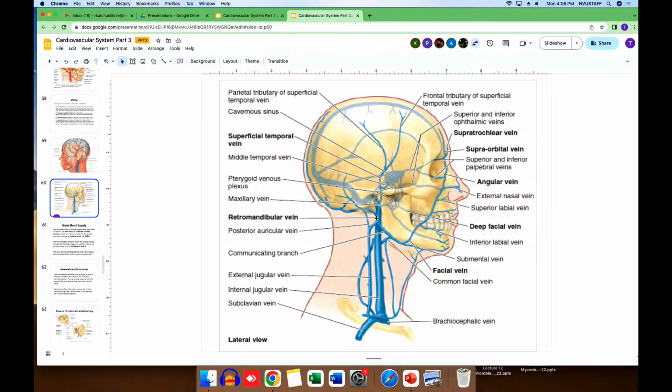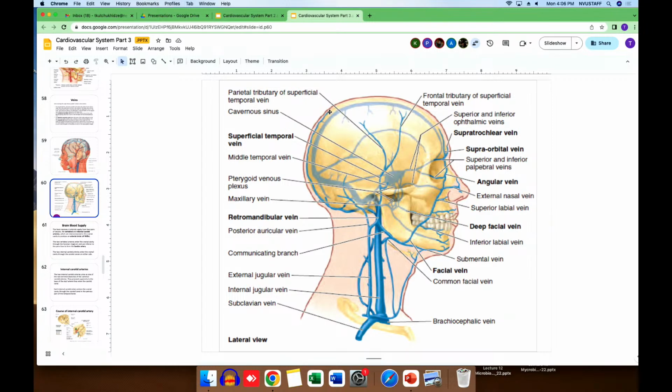Also, from the retromandibular vein, we have crossovers, meaning the posterior auricular vein is going straight ahead to the internal jugular vein, and we also have the retromandibular vein creating a conjunction with the posterior auricular vein.